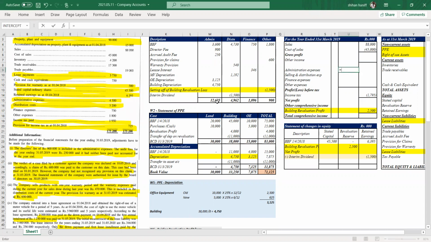Take these balances. Admin, distribution, finance. $21,620.